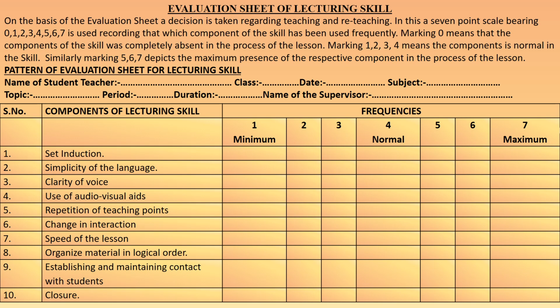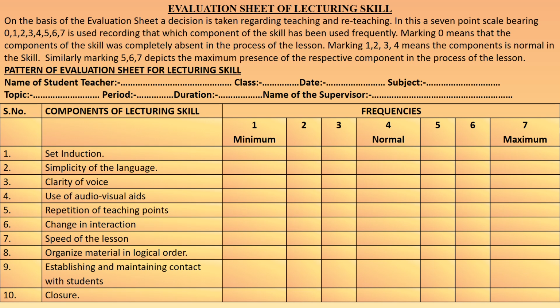The components are set induction, simplicity of language, clarity of voice, use of audio-visual aids, repetition of teaching points, change in interaction, speed of the lesson, organize material in logical order, establishing and maintaining contact with students. The next 3 columns will consist of frequencies indicating minimum, normal and maximum.